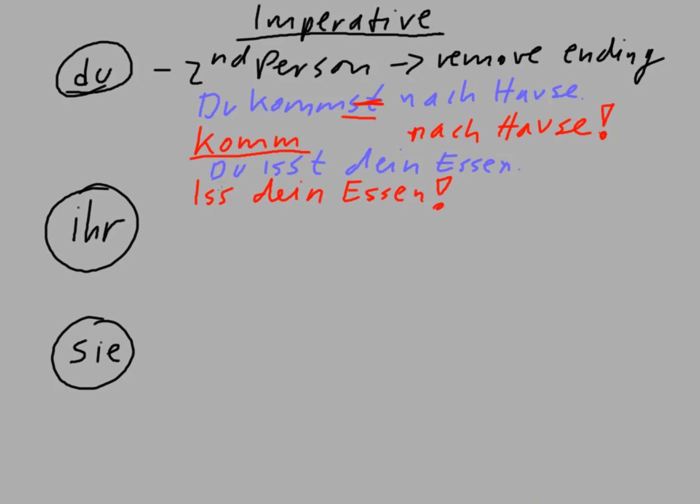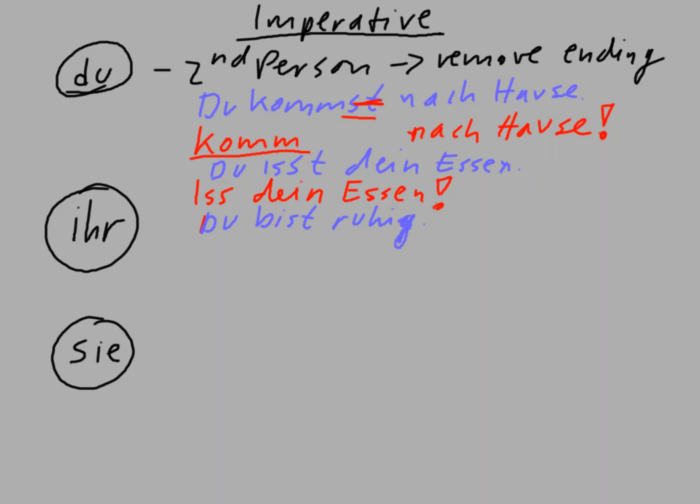Now finally, let's have a look at the verb to be, because to be is always weird, right? So let's take something like this. Du bist ruhig. You are quiet.